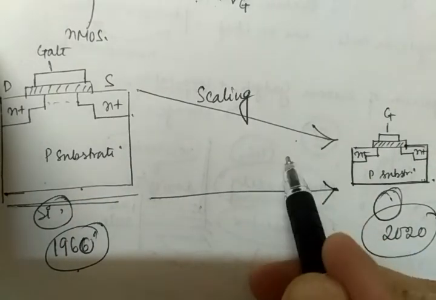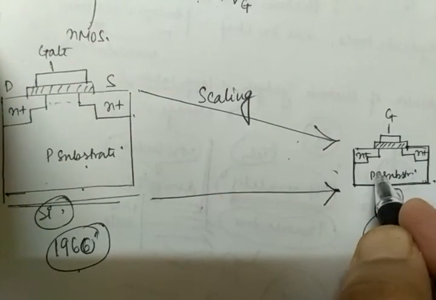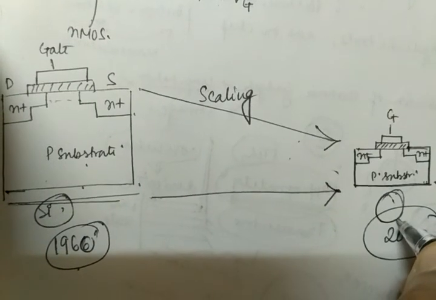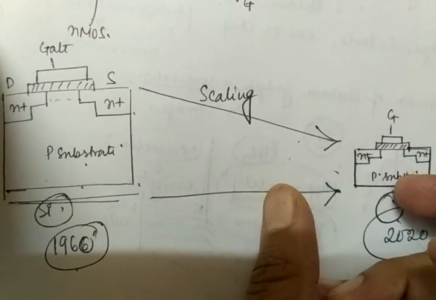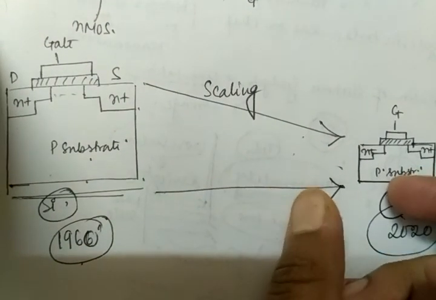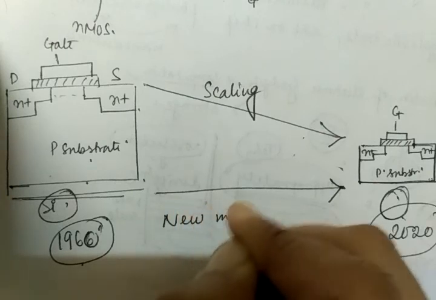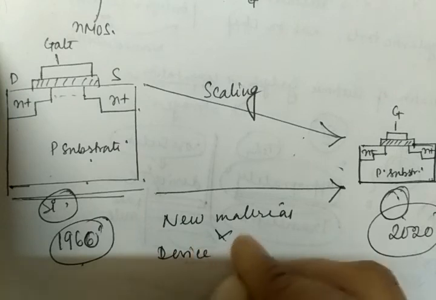By the application of scaling, we are entering from microelectronics to nanoelectronics. If it was 45 nanometer, now we are using 15 nanometer. But again, I am saying that there are two important definitions: new material and the device structure.